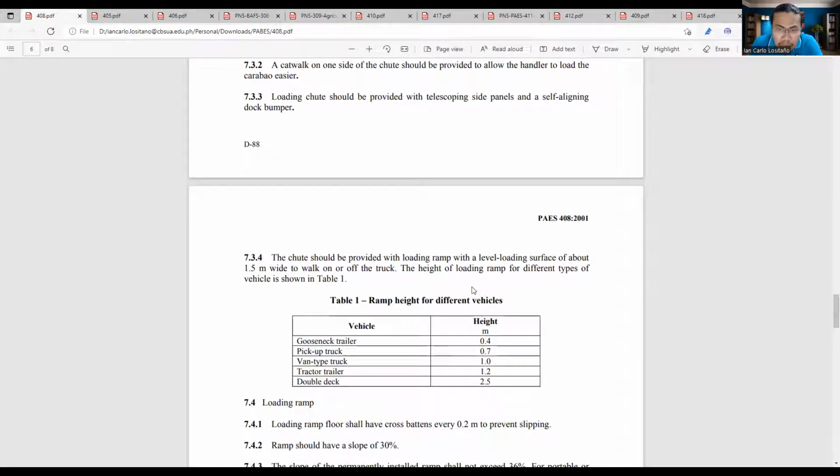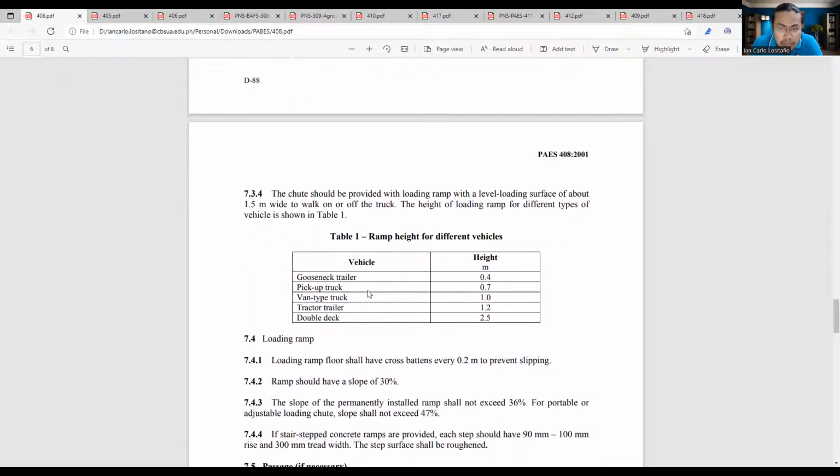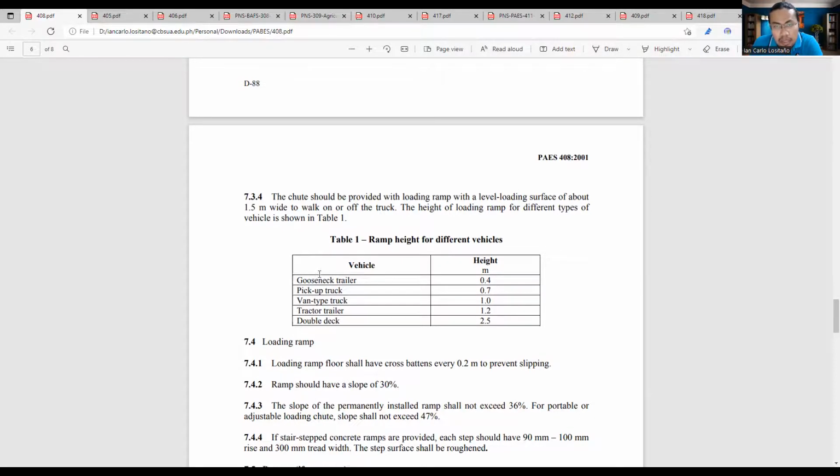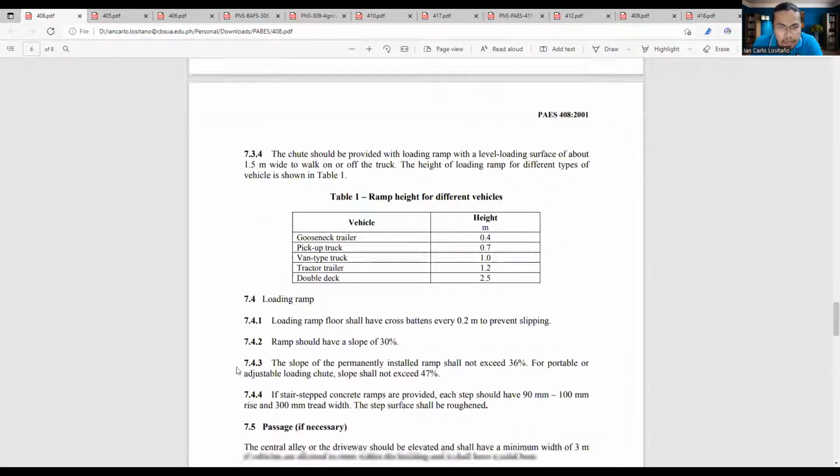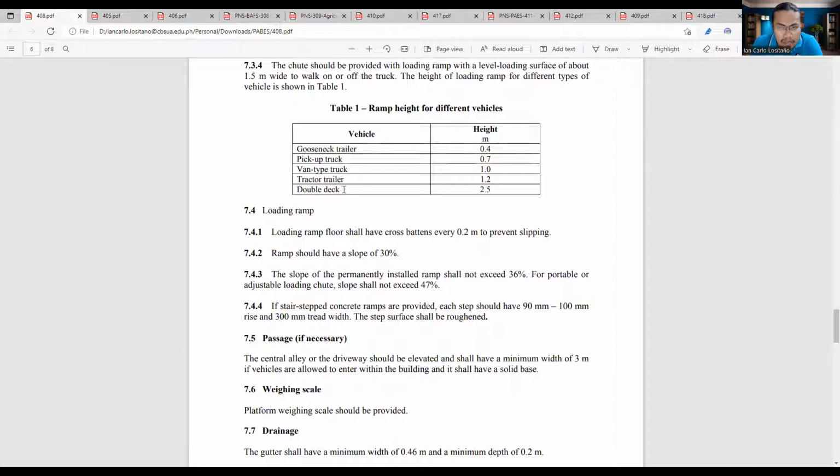The loading ramp is also required, and this is the loading ramp for the different vehicles that could be used in the handling of the animals. So it depends if it's a pickup truck or a van type truck or a tractor trailer or a double deck kind of facility.